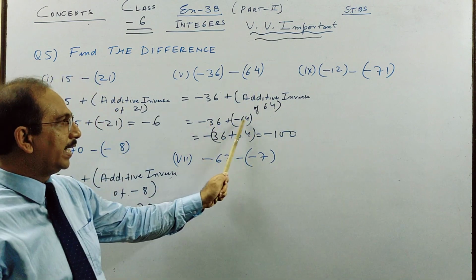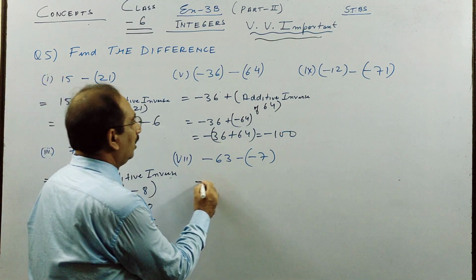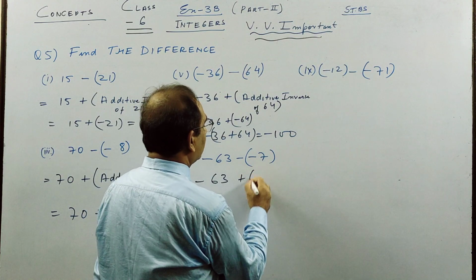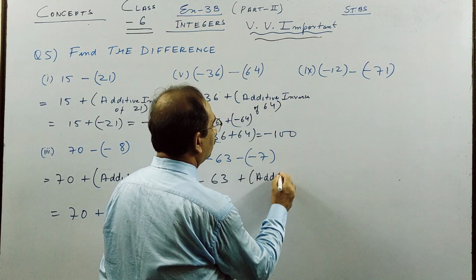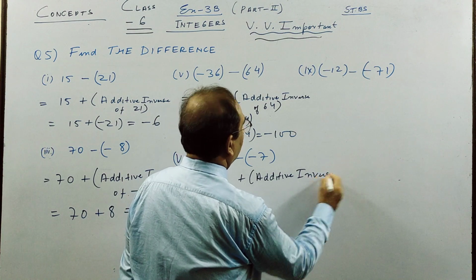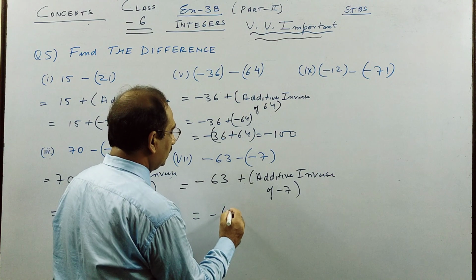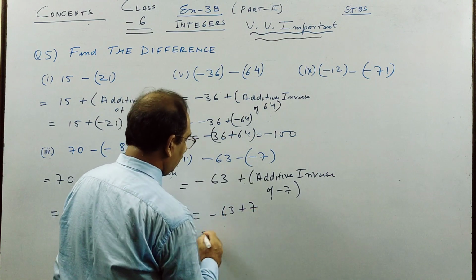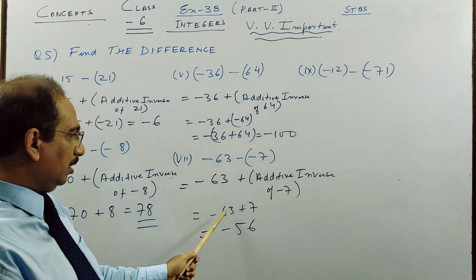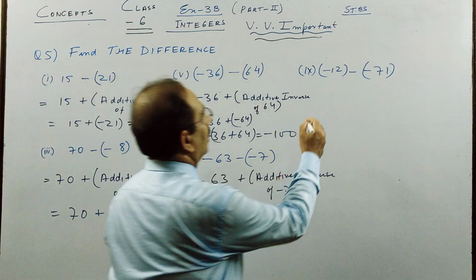Then for two negative numbers we add the absolute values and put the sign of minus. Here, minus 63 plus additive inverse of minus 7, which is plus 7. So when you do this, we subtract the smaller from the larger and we put the sign of the larger.